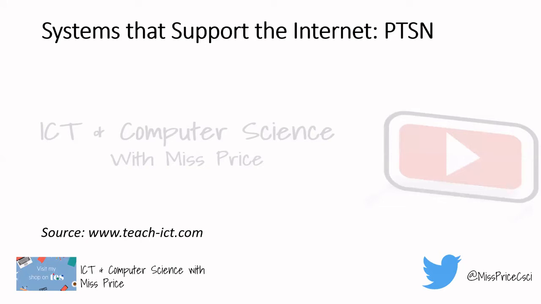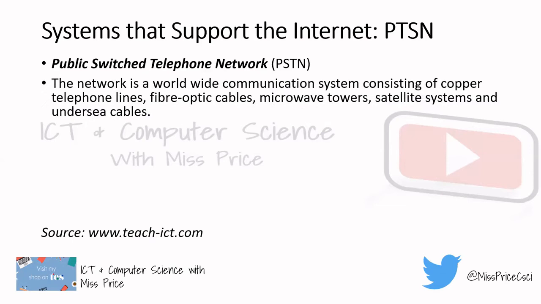So let's first of all take a look at the systems that support the internet. One of them that is well known and is still used but has evolved over the years is PSTN. This stands for Public Switched Telephone Network. The network is a worldwide communication system which mainly consists of copper cable lines.